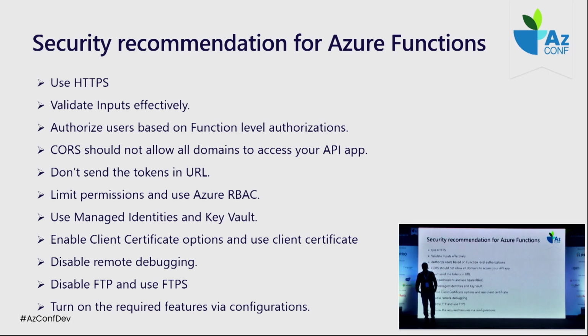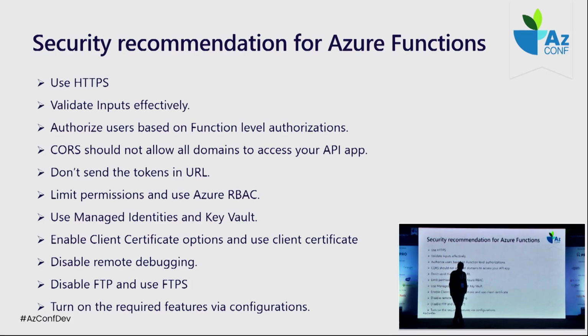Always use function-level authorization rather than different authorization levels. CORS should be allowed only for your known domains. And don't send tokens in the request URL because it may get logged. Always use the header options.